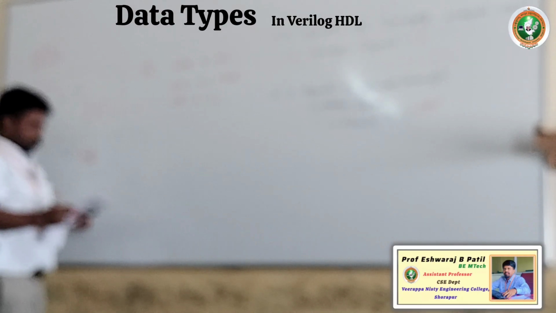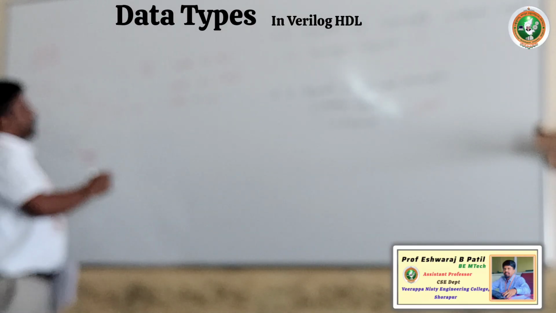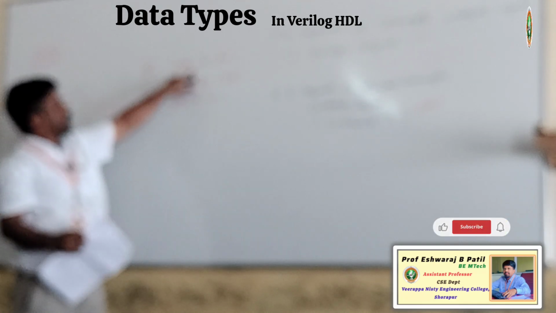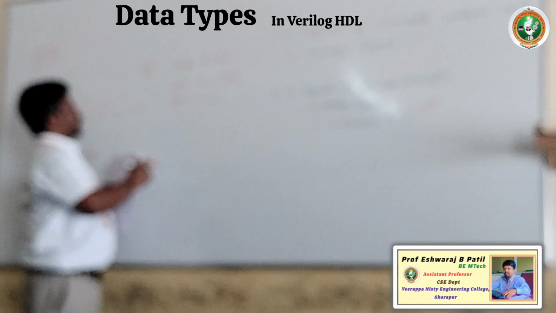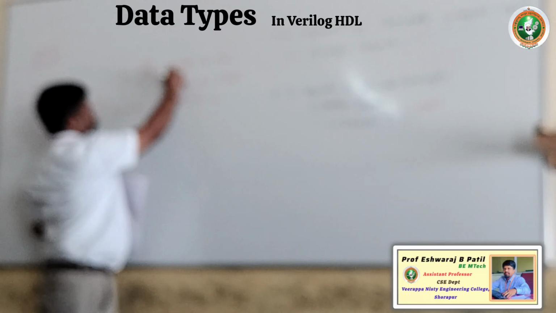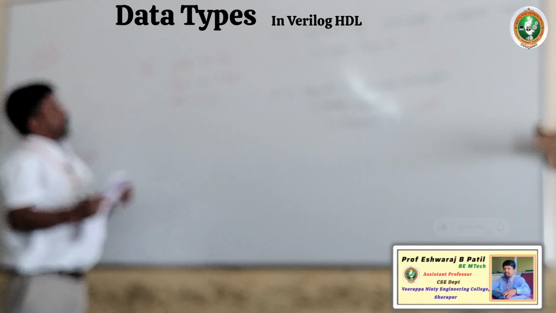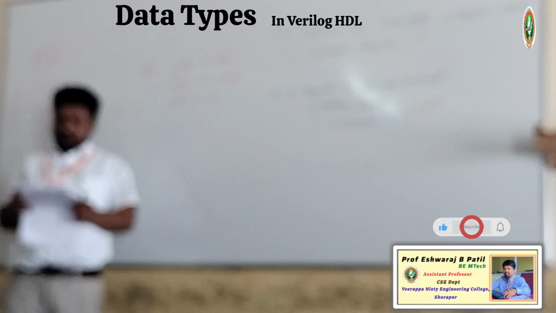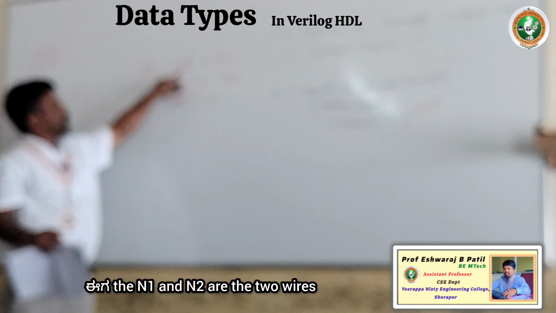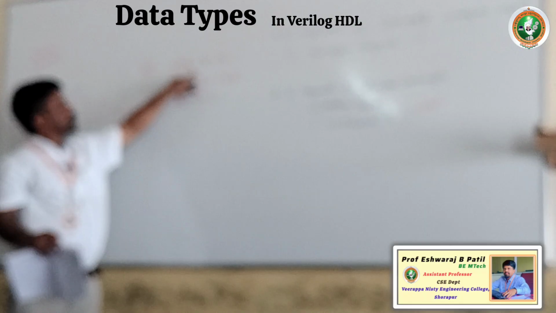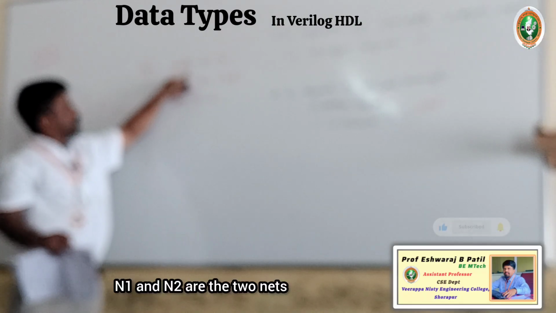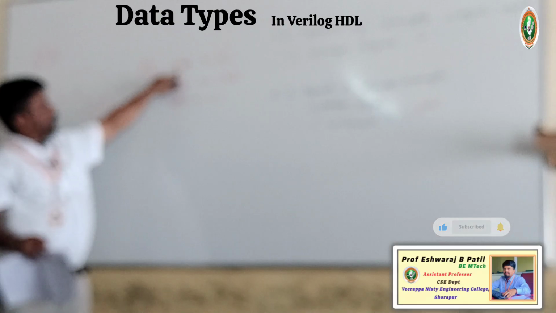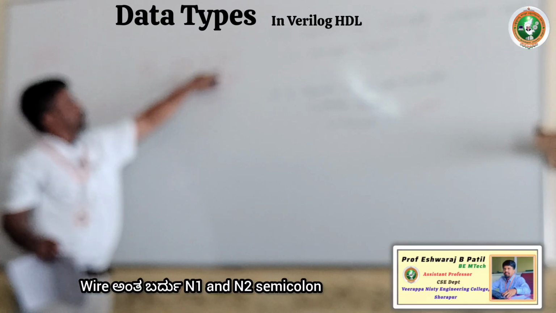Just write wire N1 and N2 semicolon, and you can also write a single line comment in this. N1 and N2 are the two wires, two nets.